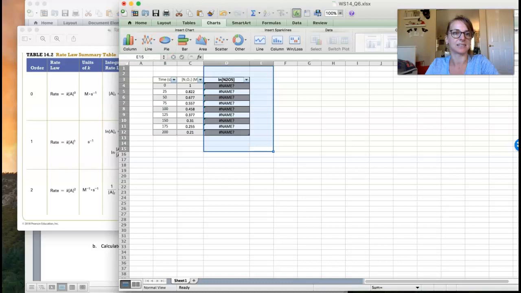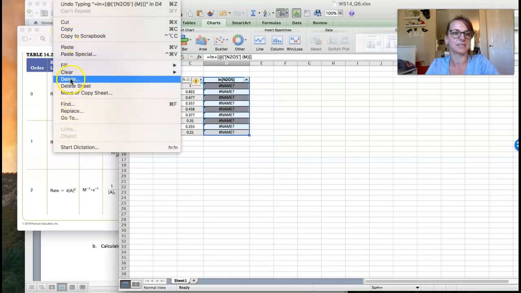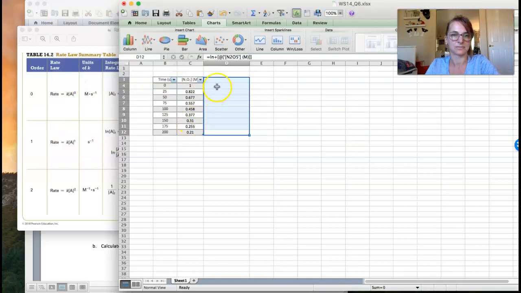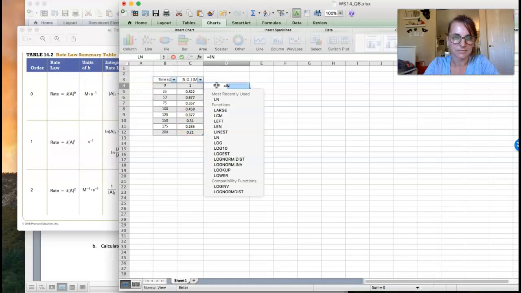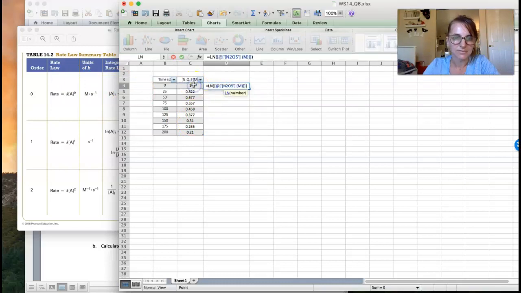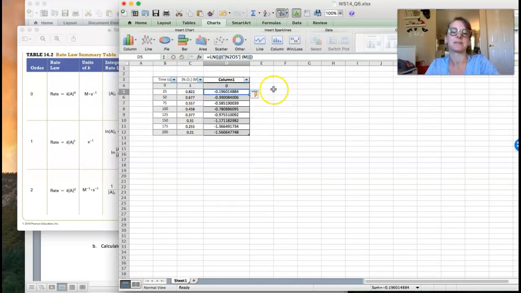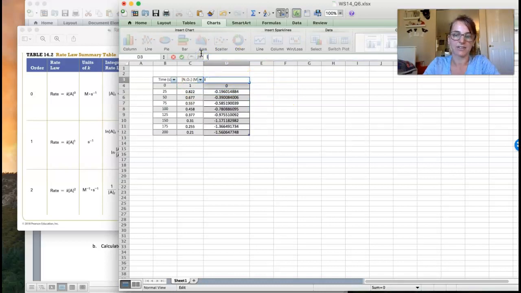Let's see if I can get rid of this real quick. Delete. There we go. All right. So this is the natural log of the concentration. So always labeling to make sure it's correct.